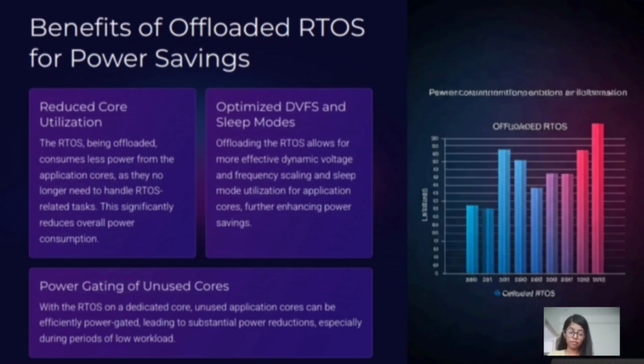Next is the benefits of offloaded RTOS for power savings. For power savings we are using the RTOS on multi-core. So what are the benefits? First, reduced core utilization. We are utilizing a very small amount of core, because the offloaded RTOS consumes less power from the application cores, as they no longer need to handle RTOS related tasks.